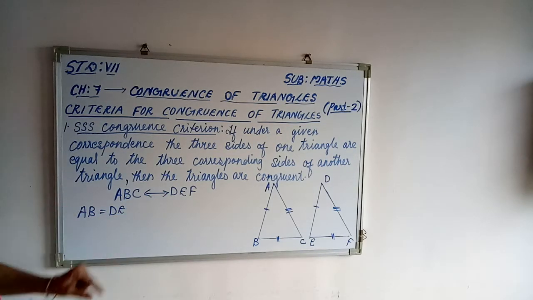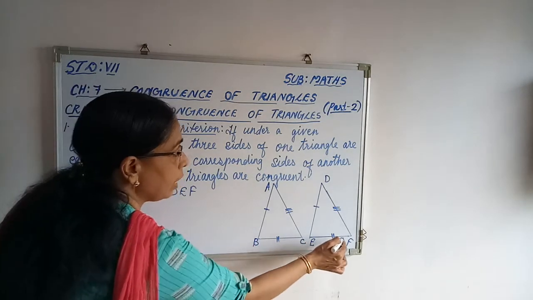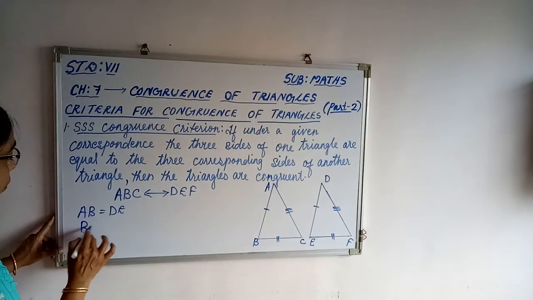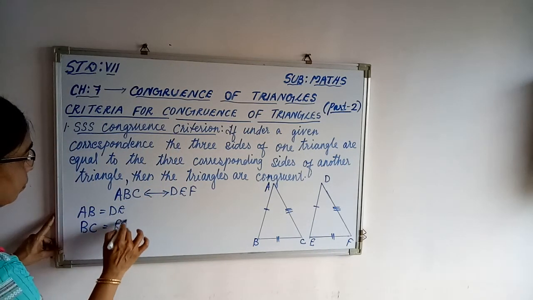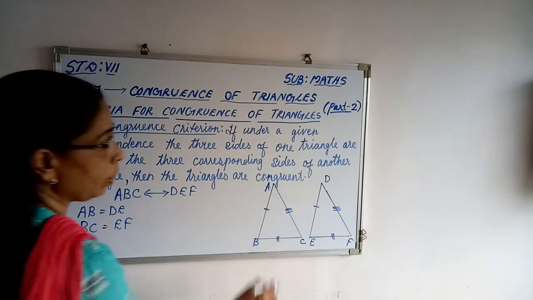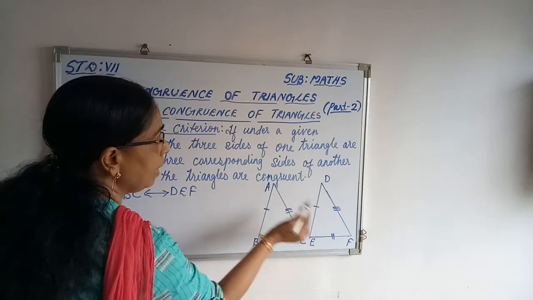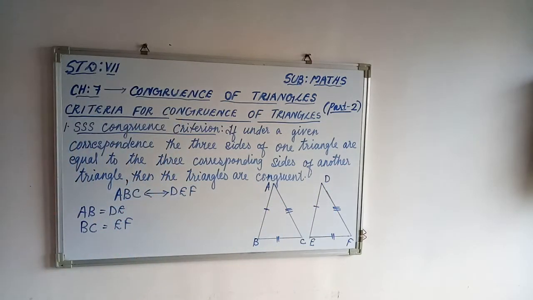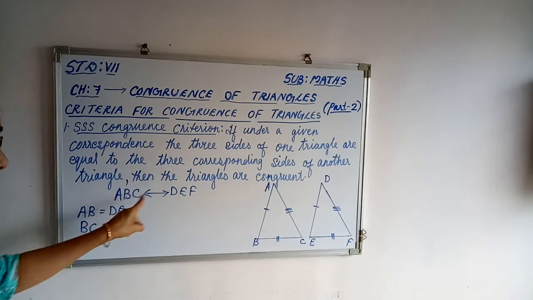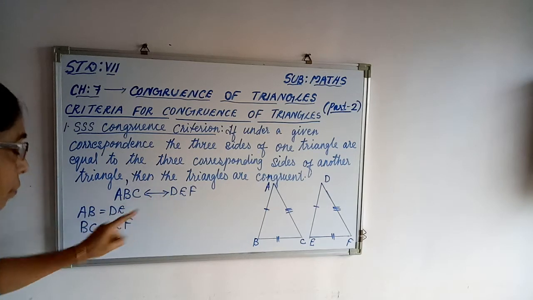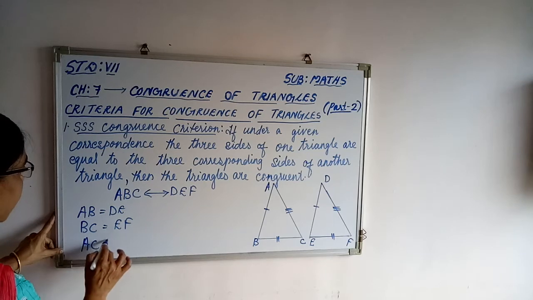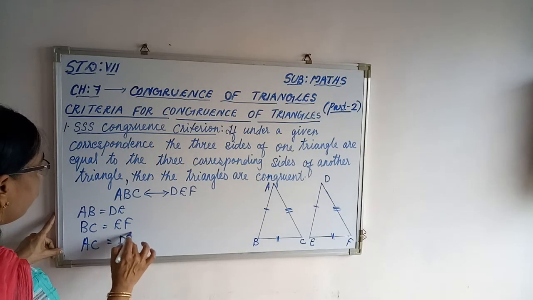Then next one, side BC is equal to EF. Then third, AC is equal to DF. Otherwise you can say CA is equal to FD, isn't it? So AB is equal to DE, BC is equal to EF, and AC is equal to DF.